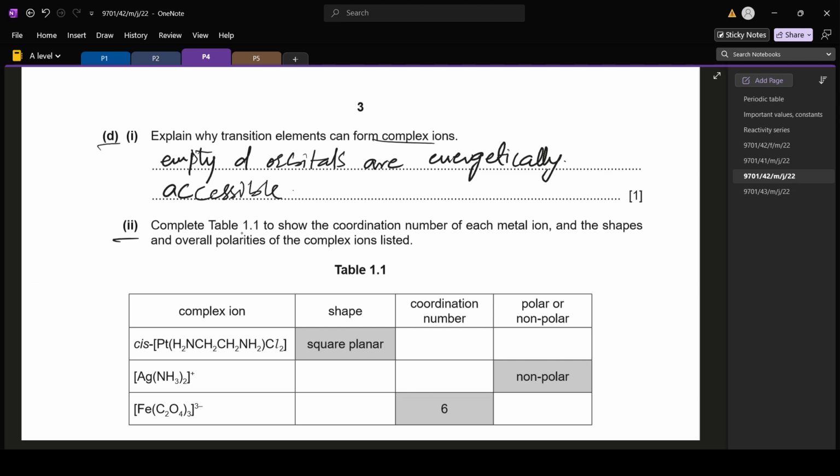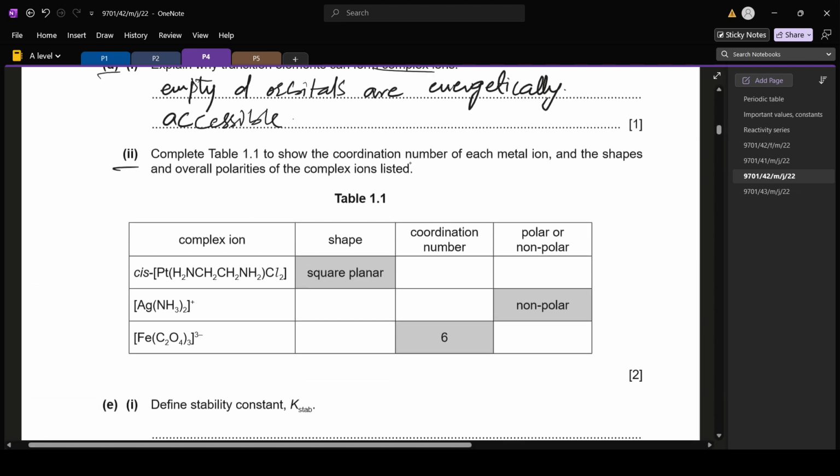Part 2, complete table 1.1 to show the coordination number of each metal ion and the shapes and overall polarity of the complex ion. So you are given cisplatin, with platinum in this complex, and this is the ethylamine, which is a bidentate ligand.